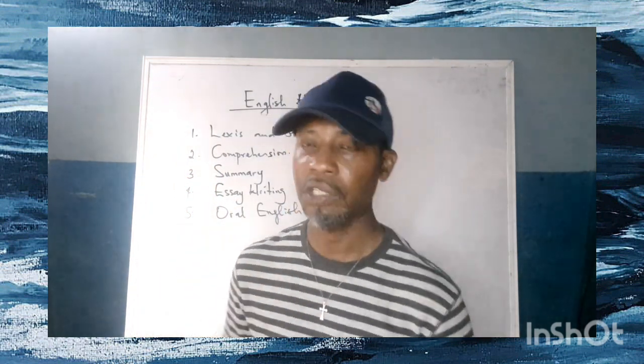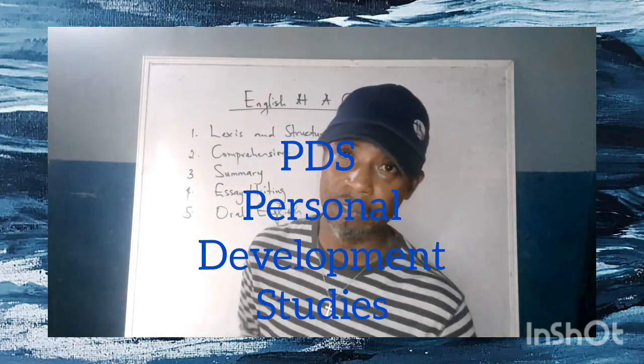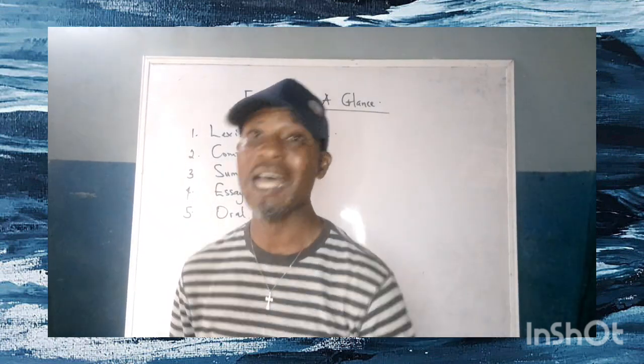Even while I studied English in the university, I did not fully understand the English sounds until I began having what I call PDS, personal development studies of my own, until I fully grasped all I had been struggling with in secondary school. And to the glory of God, today I teach my students in 1 week to be able to identify all of the 44 sounds in English, to be able to pronounce all of the 44 sounds in English, and they begin to learn how to transcribe them.